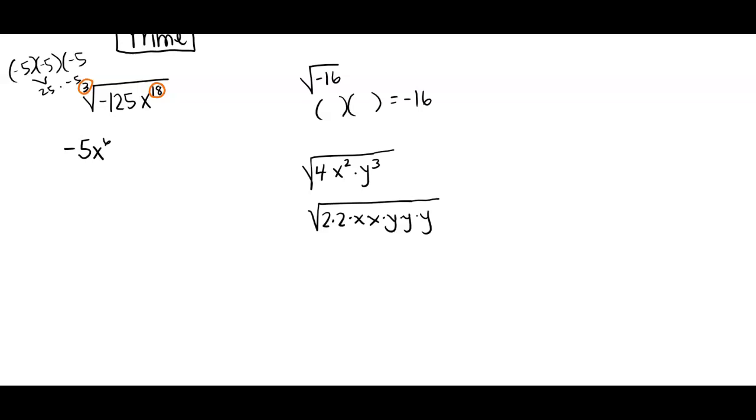So I'm taking things out that are in pairs. 2 gets to come out, x gets to come out, and y gets to come out. But then there's a y still stuck inside. So sometimes you'll have questions where not everything gets to come out. If it's a cubed root, then you're doing groups of 3. If it's a 4th root, you're making groups of 4.